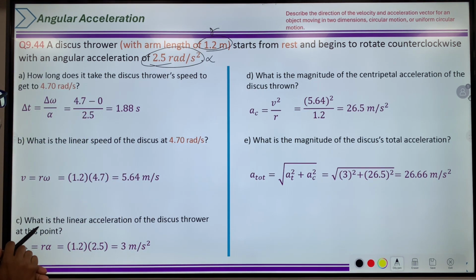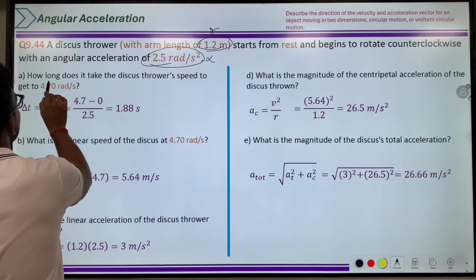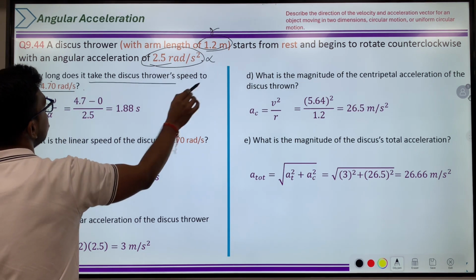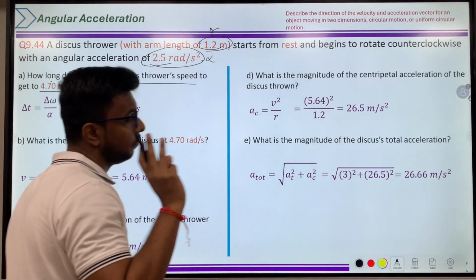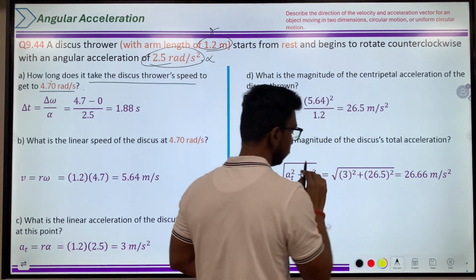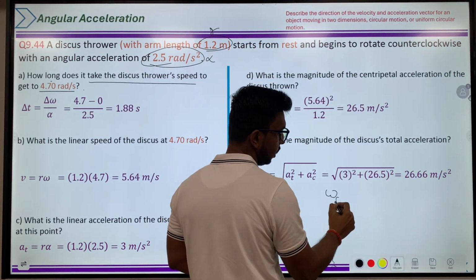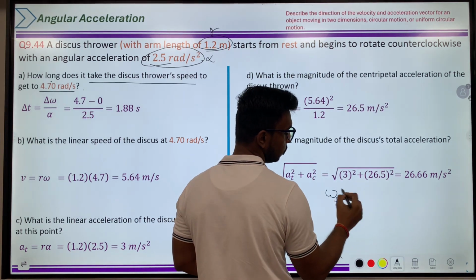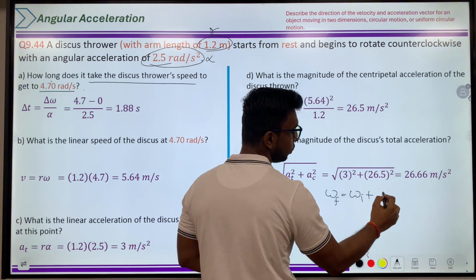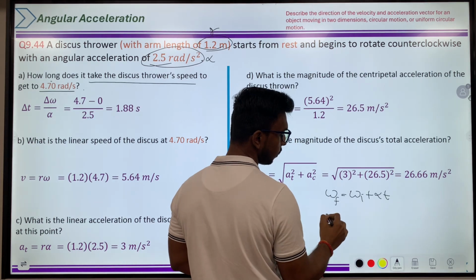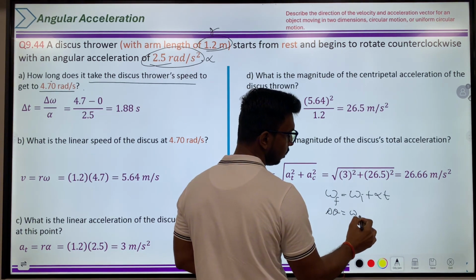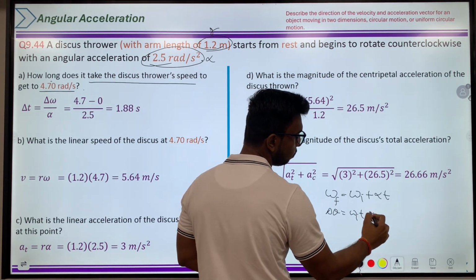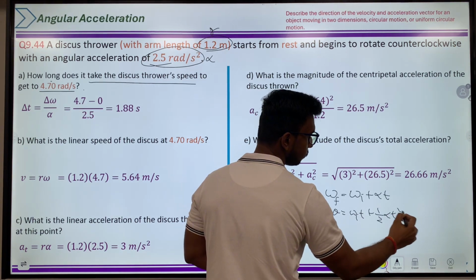How long does it take the discus thrower's speed to get to 4.7 radian per second? We need to get there. We have 3 equations of motion which we studied before. You can also apply the similar equations for angular speeds or circular motion. Omega final is equals to omega initial plus alpha t. Delta theta is equals to omega initial times t plus half alpha t square.